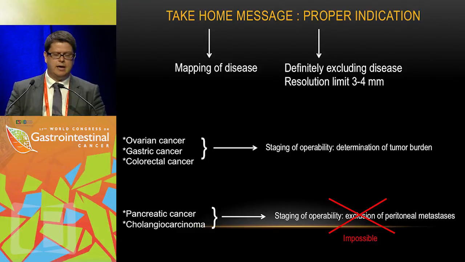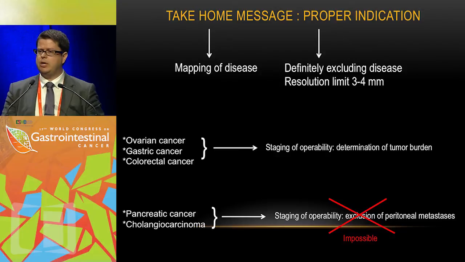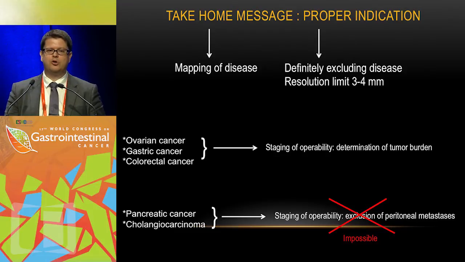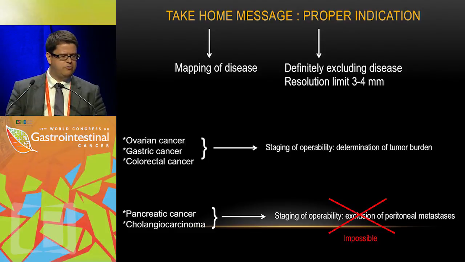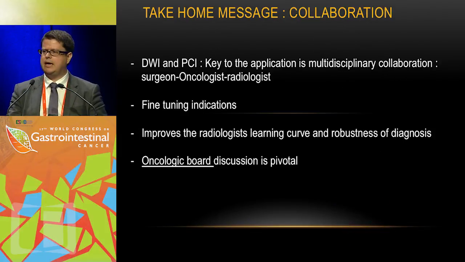But in pancreatic cancer and cholangiocarcinoma, where a patient is really operable if there is no peritoneal disease, we are not able to exclude that for the full 100%. So there, of course, laparoscopy will remain the first modality. So we really have to be very careful with our indications.